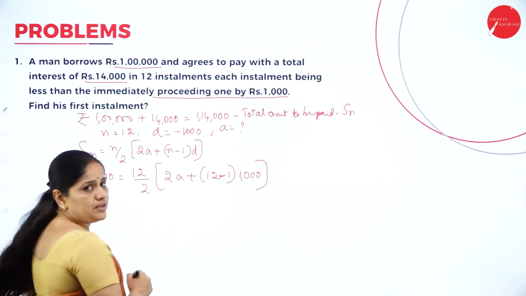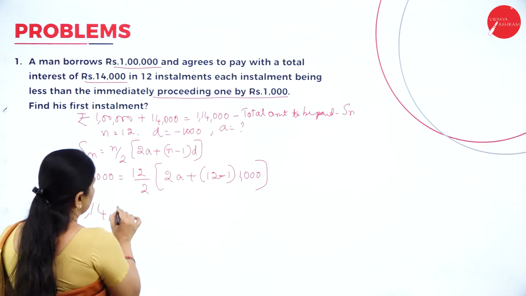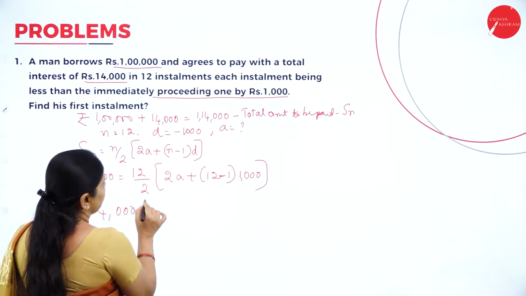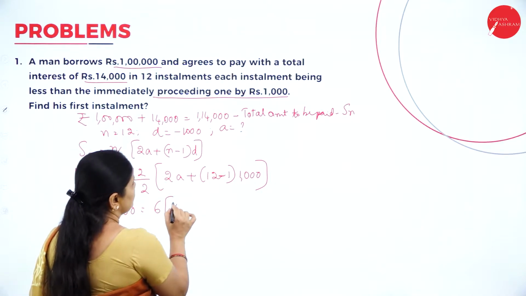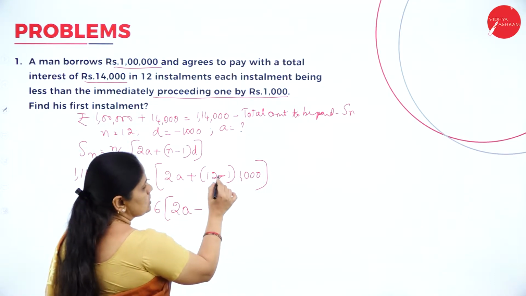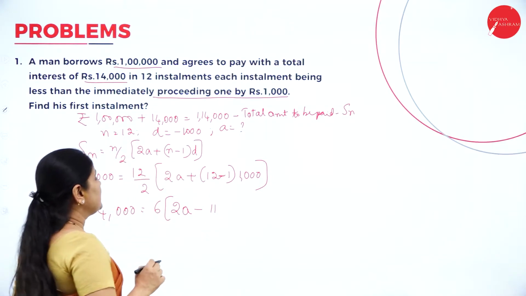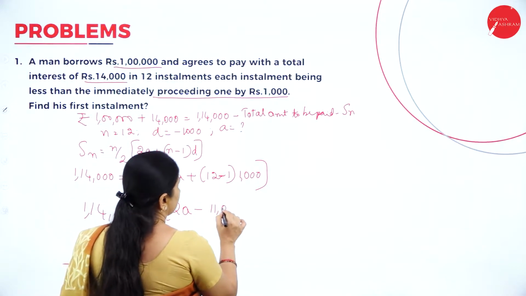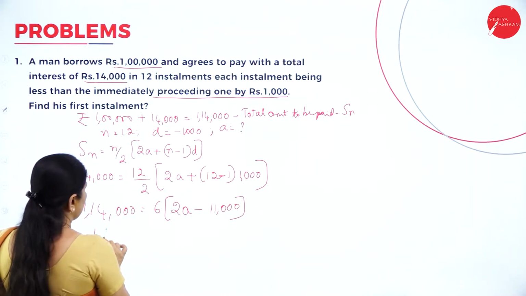So, I'll simplify this. So, I get 1,14,000 equals 12 divided by 2 is 6 into 2a minus 11. So, 12 minus 1 is 11, 11 into 1 is 11,000.